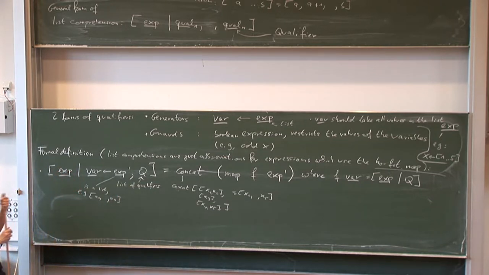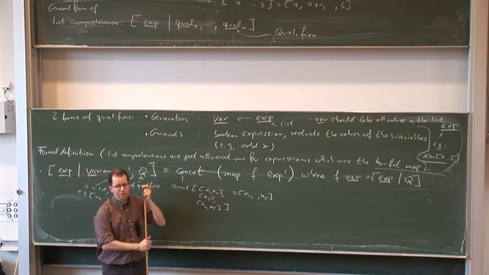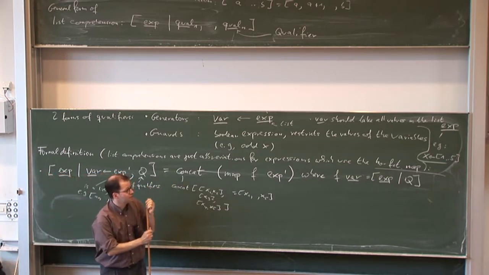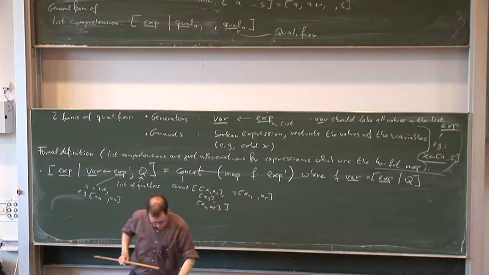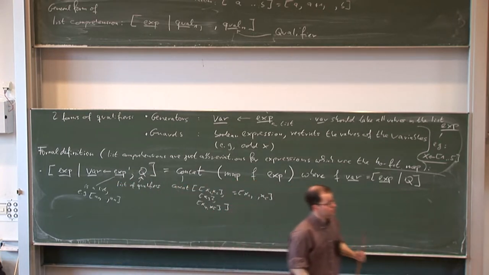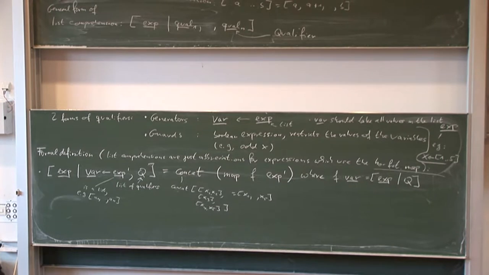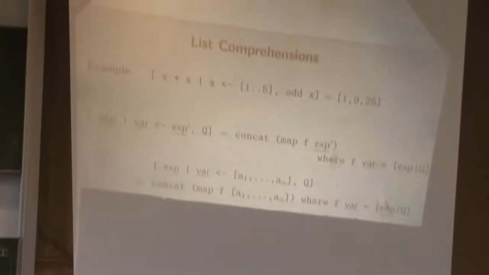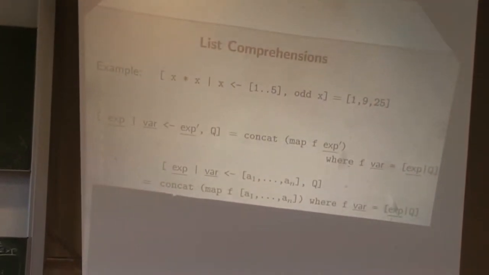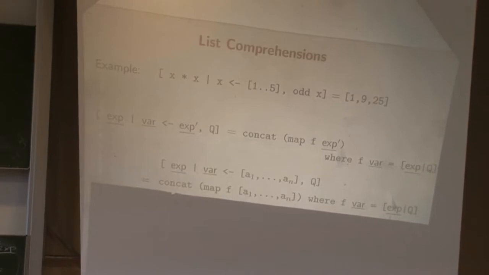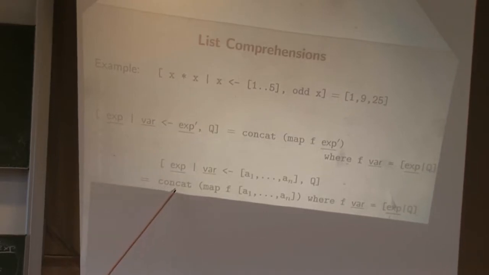Okay, so what is the meaning of this? Well, let's just execute this definition and see what happens. So if we execute this definition, we would get this. By this definition, this is the list that we get by uniting all these lists in there.